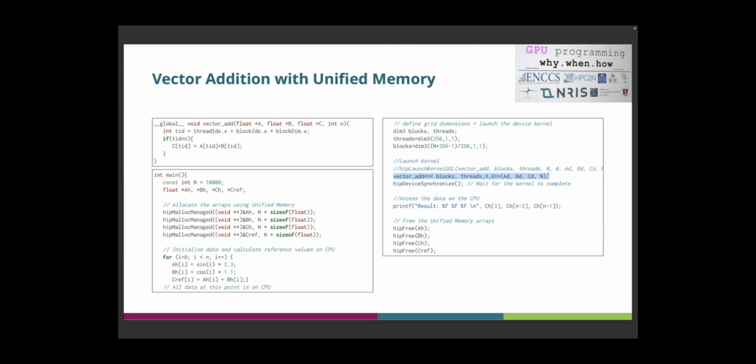Just to comment here, if you have a simple program using unified memory or doing explicit management of the memory, it will have the same performance. But in other problems, you will need to explicitly control where the data is.